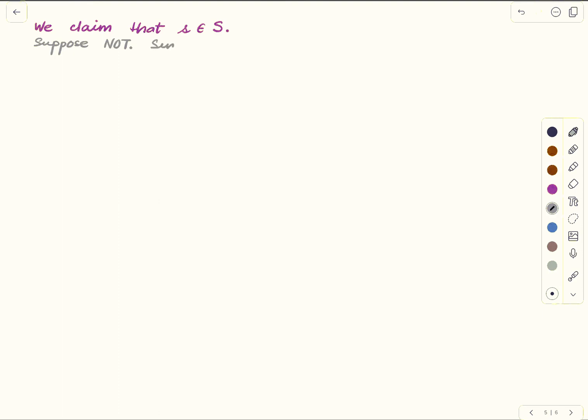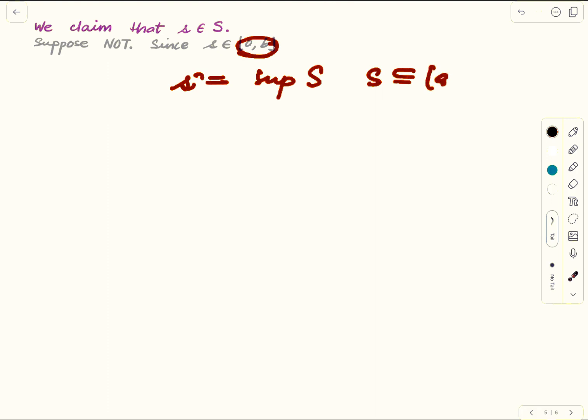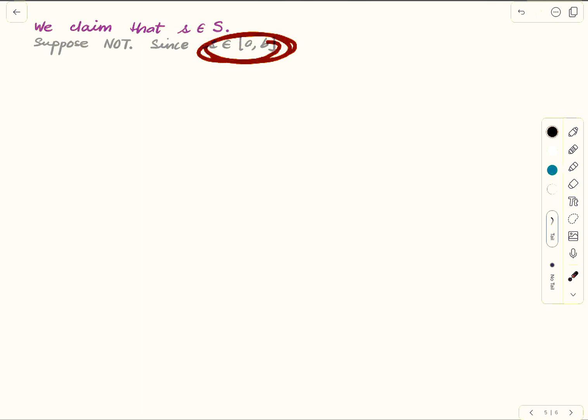Now, since little s is here, why is s here? Little s is the supremum of capital S, but capital S is a subset of A comma B, this closed interval. So that implies that the supremum of S will also be in this closed set. So just note that s is in this closed interval.